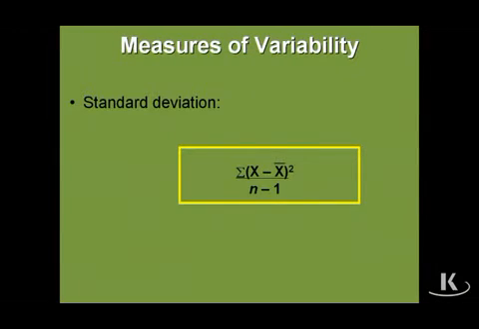Divide by n. Now, I've written n minus 1 here because that's the correct formula. And I'm now just going to take a brief moment and explain to you what that minus 1 means. That minus 1 is called a degree of freedom. Well, the sample size is simply telling you the amount of information you have to work with. As the sample size increases, the information you have to work with increases.